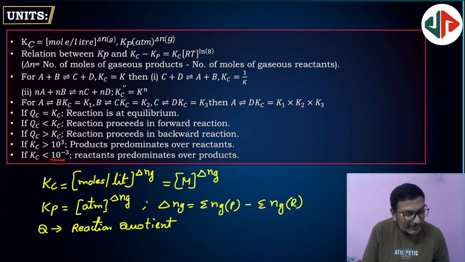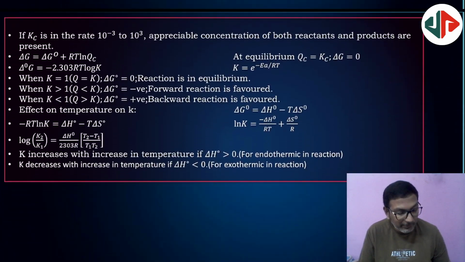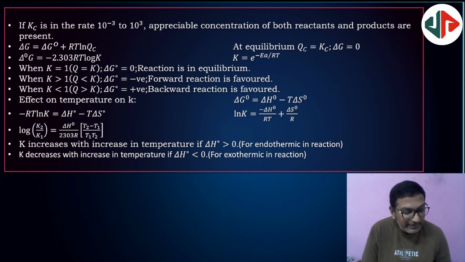If less than 10 power minus 3, reactants are dominating over products. If Kc is in the range 10 power minus 3 to 10 power 3, then appreciable amounts of reactants and products are present, so both will be present.